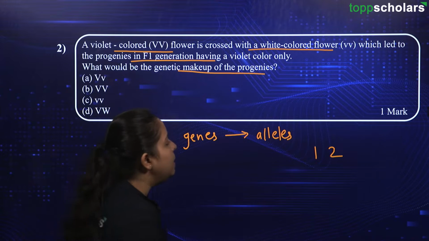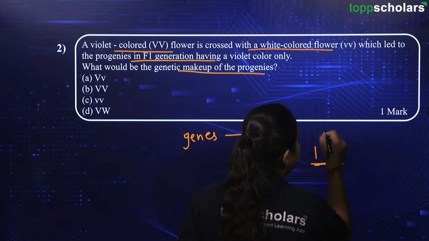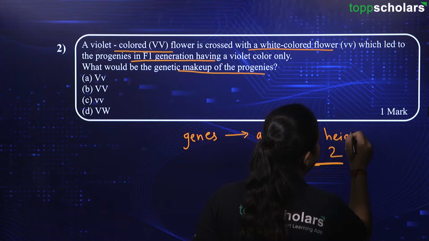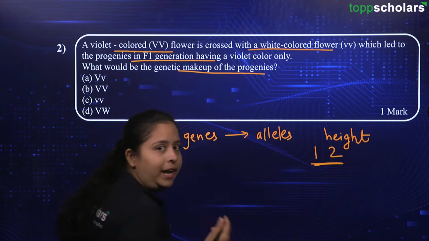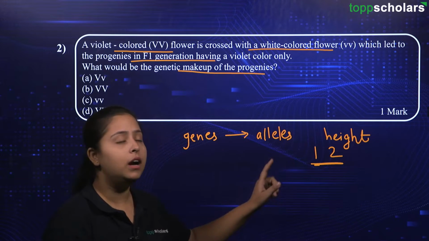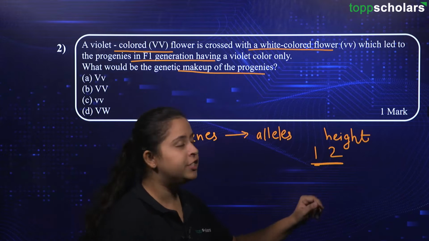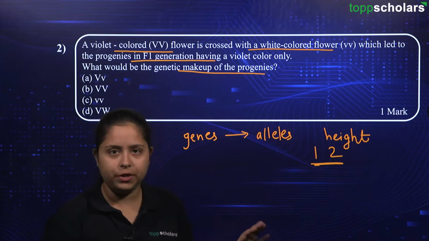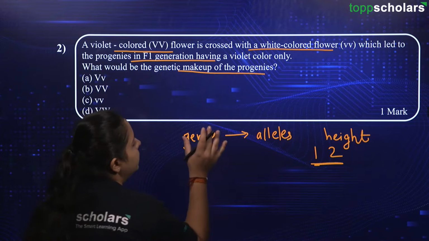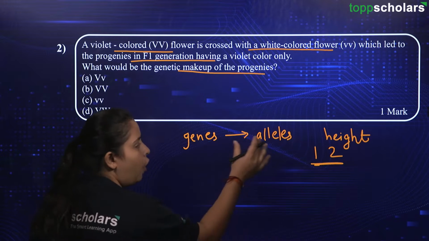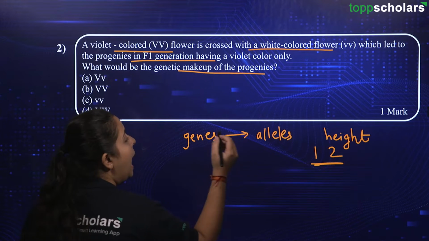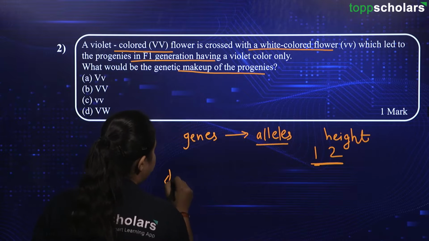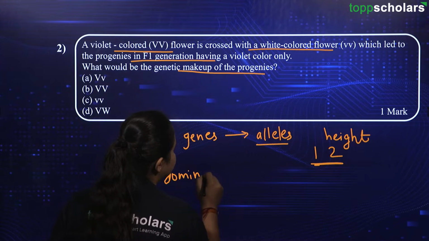So both of these are giving me the character of height, but the trait here, the first gene is giving me a tallness trait and the second gene is giving me a dwarfness trait. So these genes can have alternative forms, that is alleles, and these alleles can be dominant or they can be recessive.